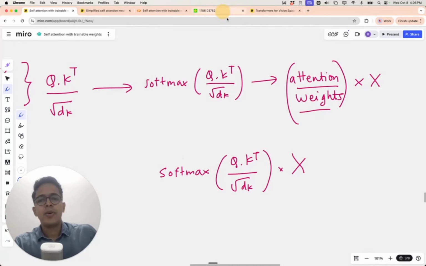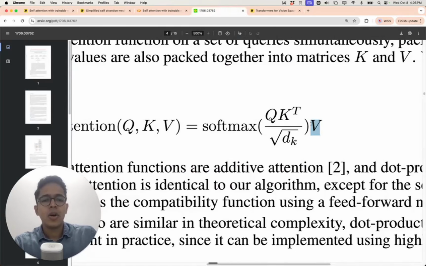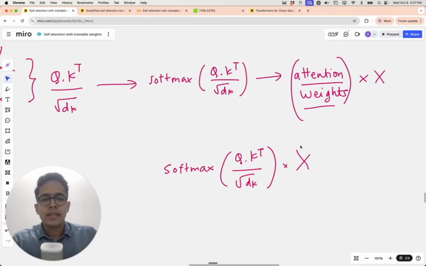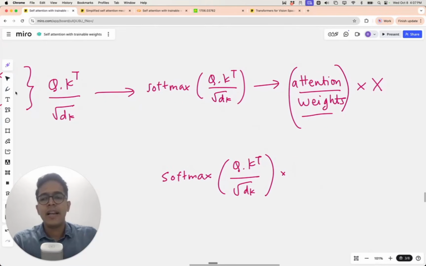But in the paper, you are not directly multiplying with X. You are not directly multiplying with the input embedding. You are multiplying with the transformed input embedding so that you can use trainable weights to change the values of the input embedding to be more suitable to produce a better context vector. So here, instead of multiplying it directly with the input embedding, you are multiplying it with the value vectors. So that is why here you have V.